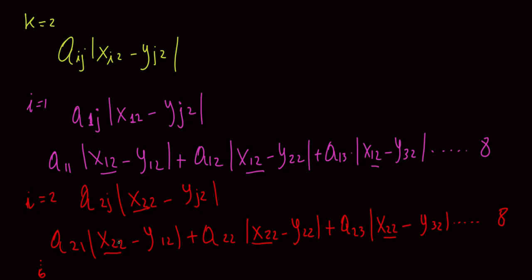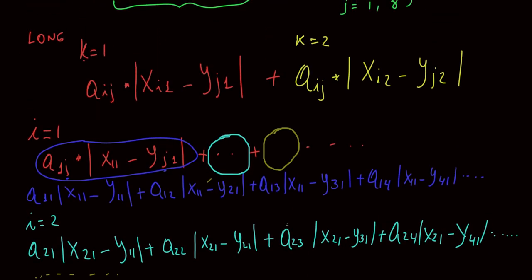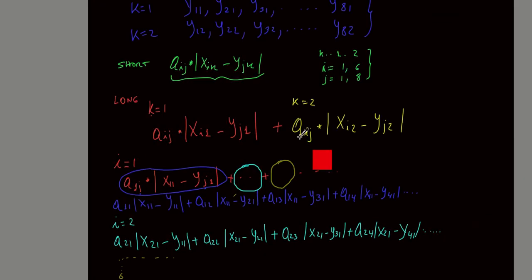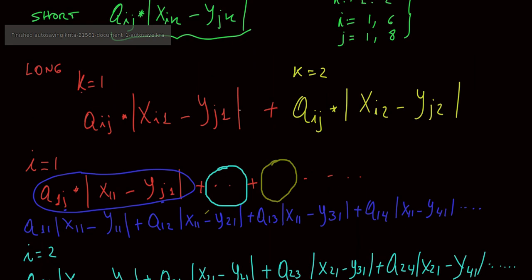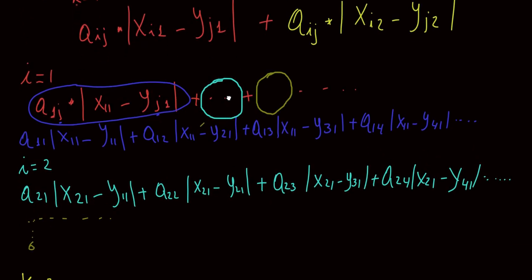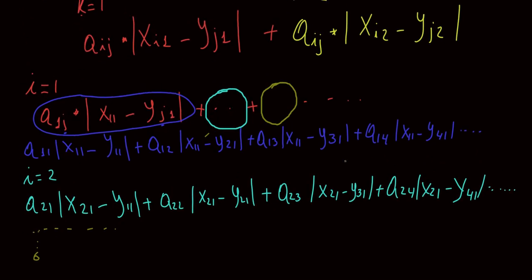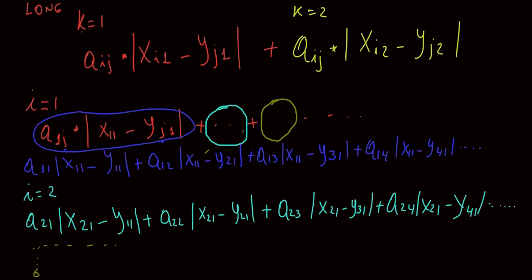You see how this pink term for k equal to 1 represents 6 times 8 terms.